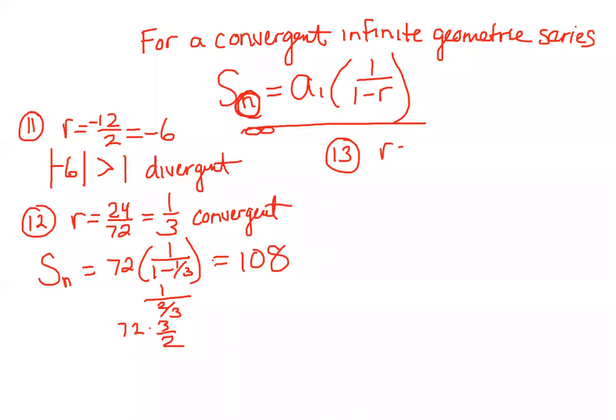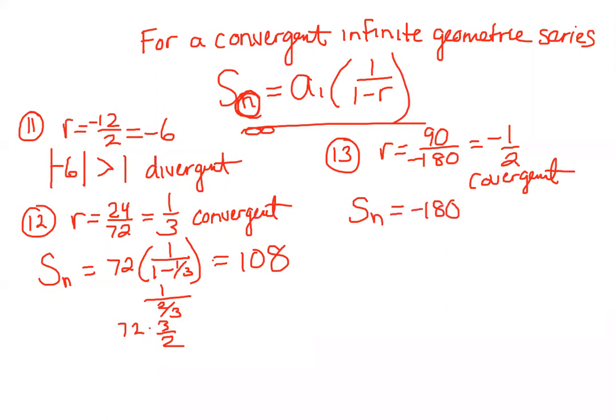r equals 90 over -180, which is -1/2. So this is convergent. And we're going to say that it converges to -180 times 1 over 1 minus -1/2.